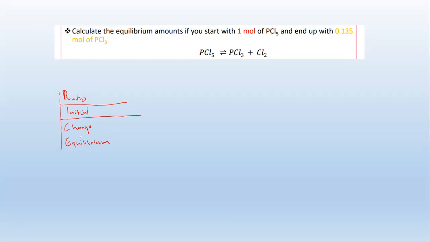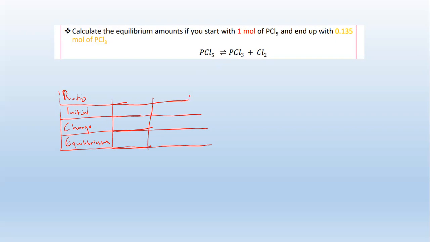How many columns do we need? 3. Okay, we're going to need 3. We enlarge. So we have 1, we have 2, and the last one.